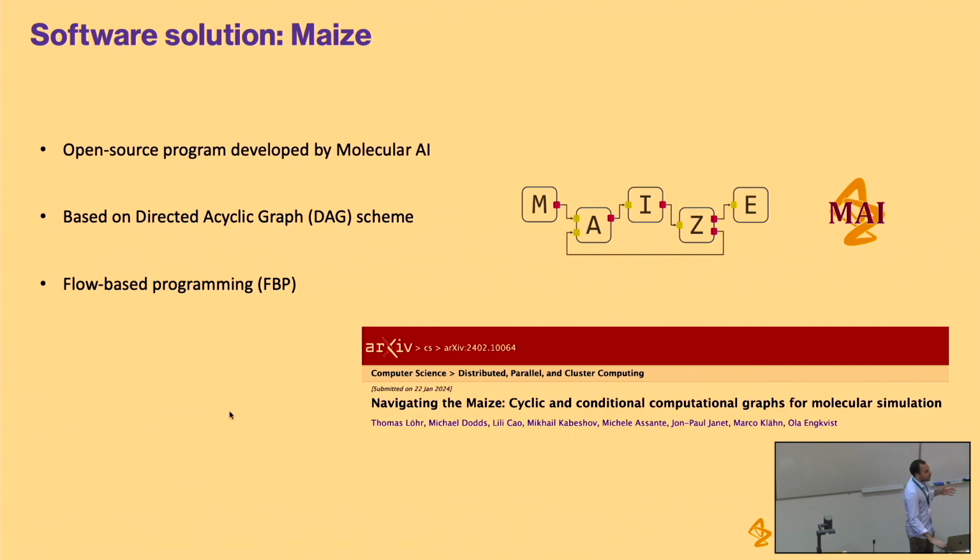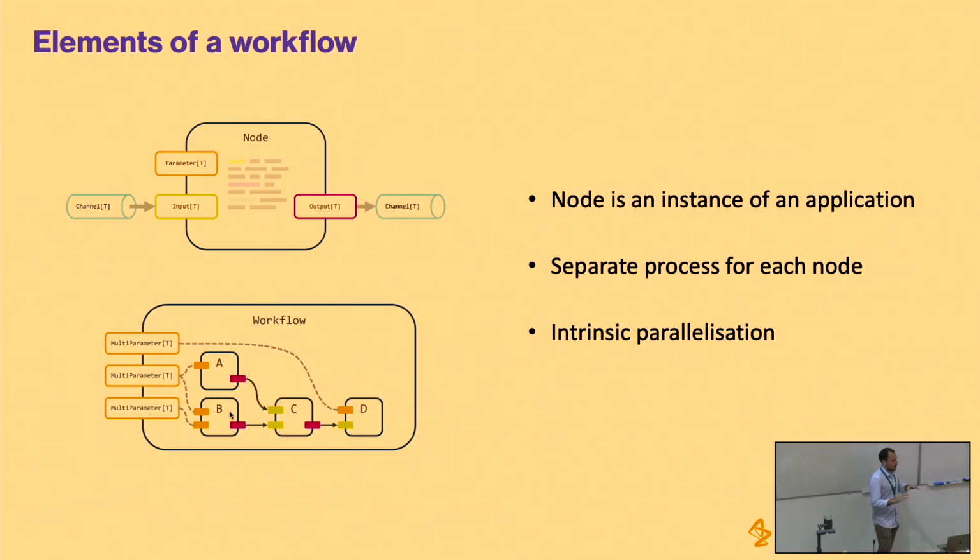So a workflow really looks like a series of nodes, and each node is an instance of an application. It's written in Python, I forgot to mention, and so it's literally just a Python script that executes a bunch of commands. Some commands could be the interface with a computational chemistry software, or some commands can be just to merge two SMILES or select this type of reaction and so on.